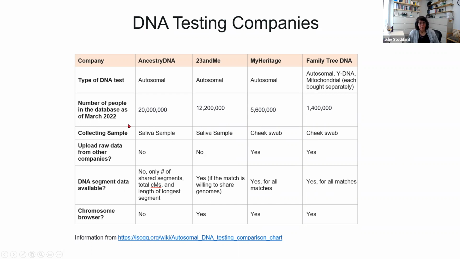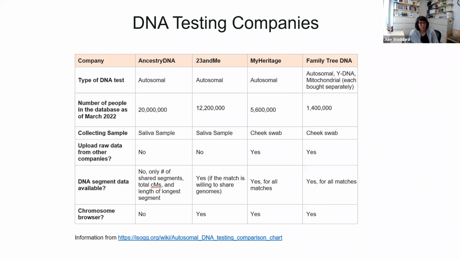Now, if you have relatives that come from other countries and a lot of immigrant ancestors, what I didn't put on this chart is that MyHeritage is a little bit more worldwide. If I'm working with a client who has Eastern European or some of the other countries, not as many have taken DNA tests to begin with, and MyHeritage is a more global company, so I tend to have them test on MyHeritage.